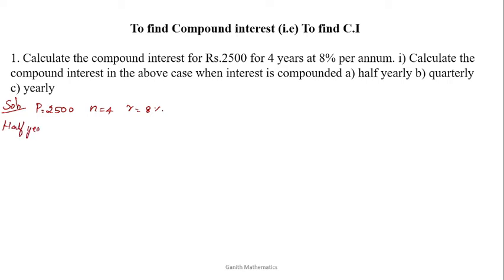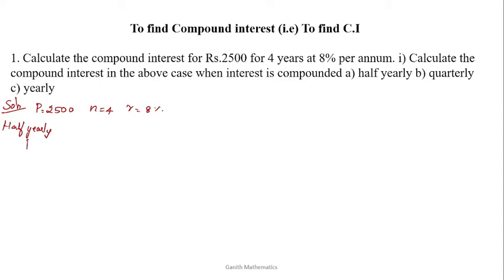When you think about half yearly, they are calculating the interest for the first 6 months, and they add this interest amount along with the principal amount. They'll get another principal amount, which will act as the principal for the second half year. So the number of periods will increase and the rate of interest will decrease.